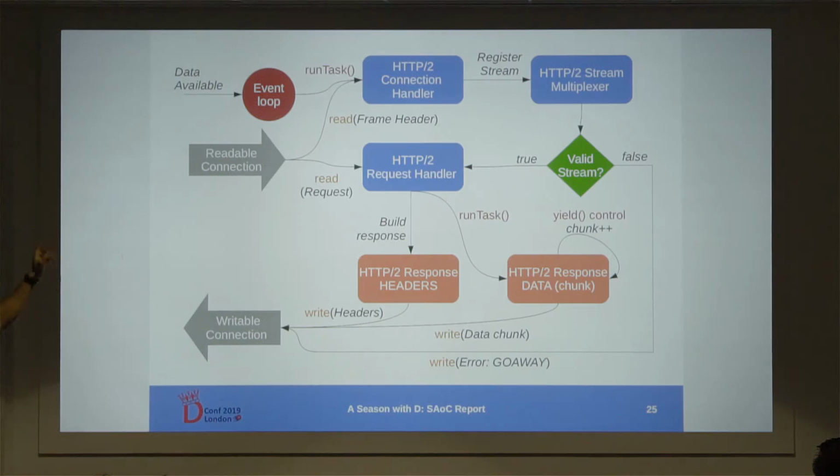This then goes to the stream multiplexer, which is supposed to tell us, is this stream valid? So can I receive the request? Can this request respect the flow control scheme I've agreed with my client, and so on?